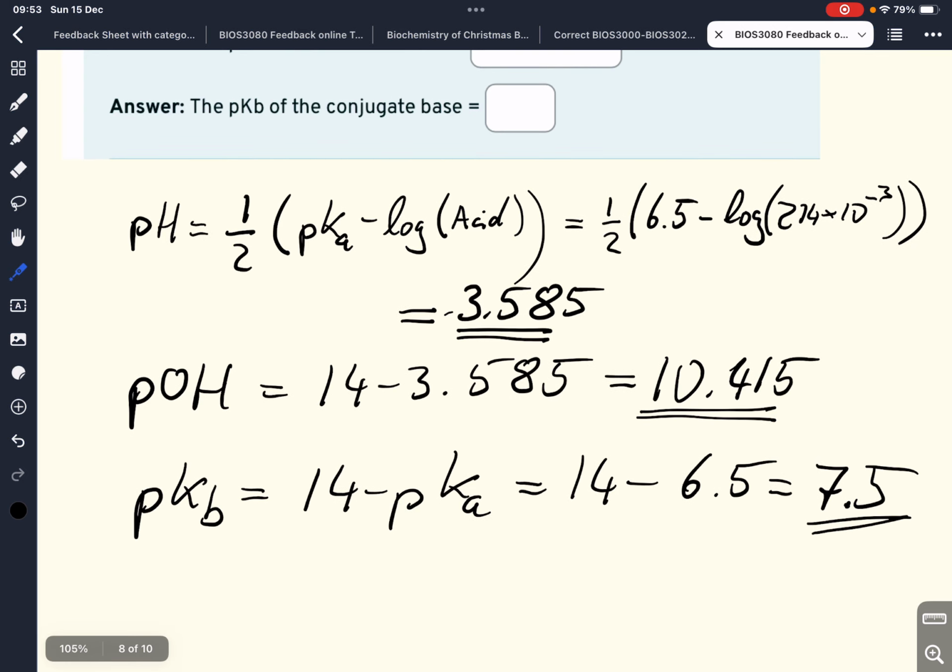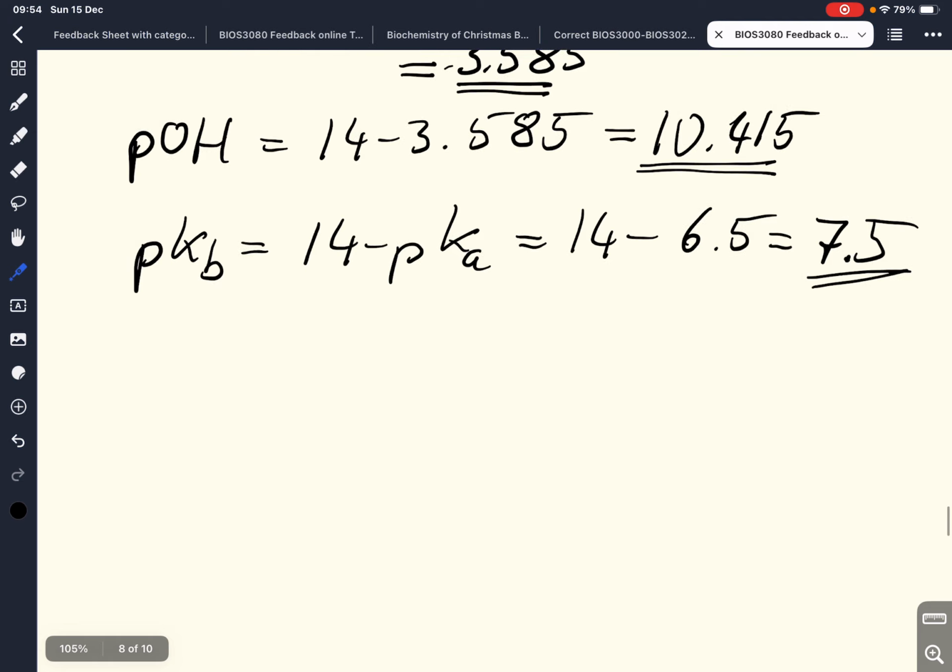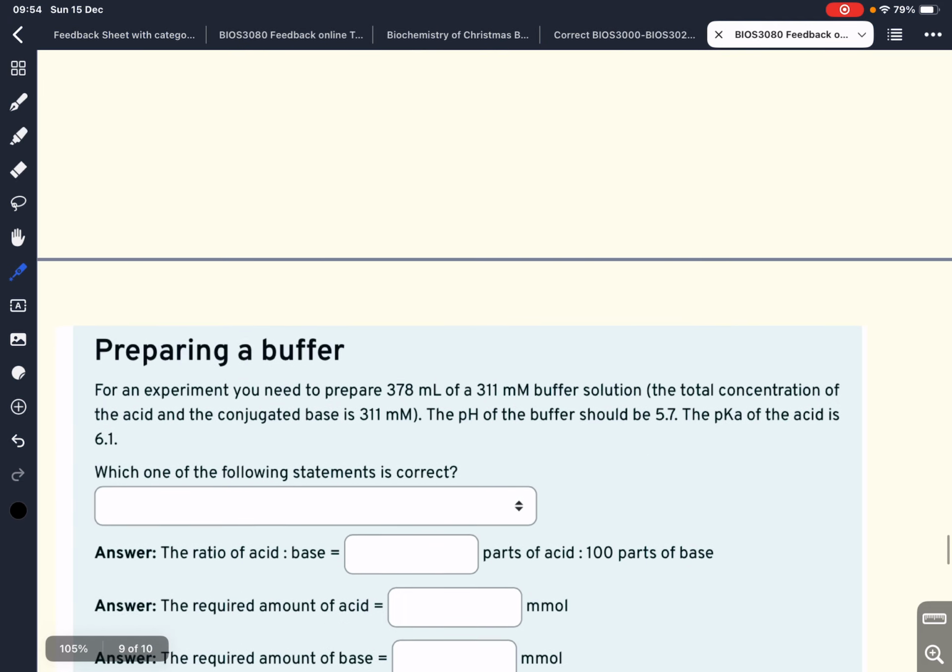And for the pKb of the base, we know that there is this relationship of 14 minus the pKa. Now the pKa we have been given as 6.5, so our pKb would be 14 minus 6.5 equals 7.5. So this was basically the calculation for this question.